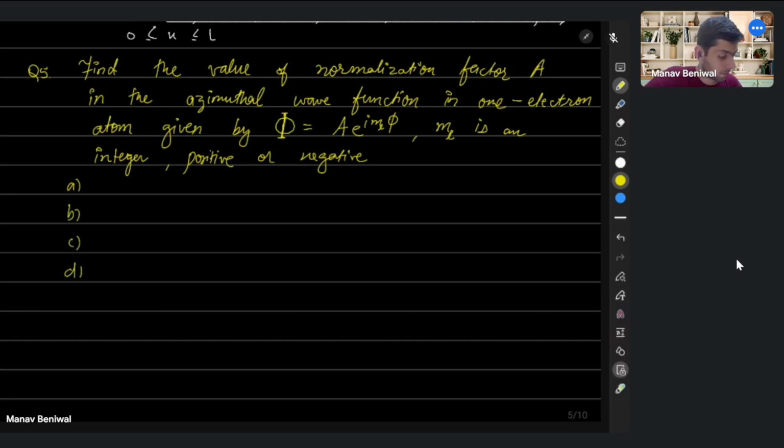The options are 1 over pi, 1 over 2 pi, 1 over under root pi, or 1 over under root 2 pi.